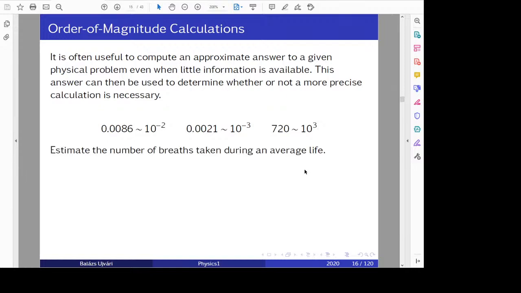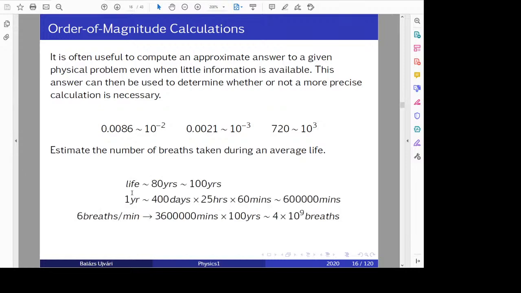For example, you can calculate the number of breaths taken during an average life. I solved it. So for example, by the order of magnitude calculation, the life is 100 years, 1 year is 400 days, 1 day is 25 hours.